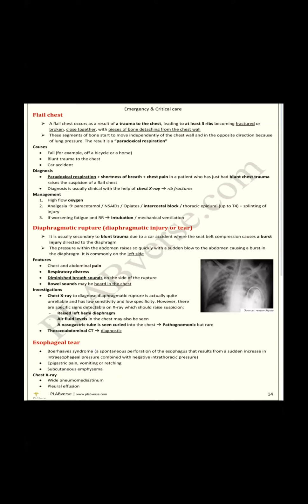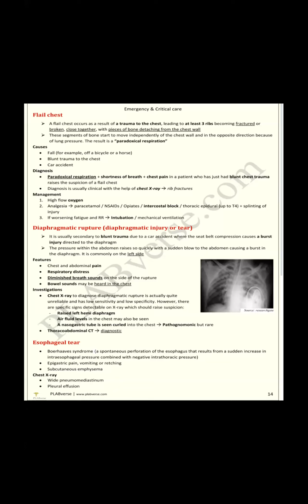So paradoxical respiration, shortness of breath, and chest pain point towards flail chest. Management is oxygen and analgesia; initially we give paracetamol or an intercostal block. If fatigue, fear and respiratory rate are worsening, we have to give intubation.